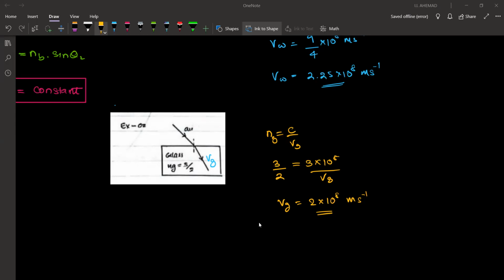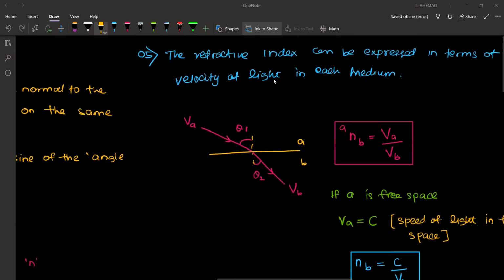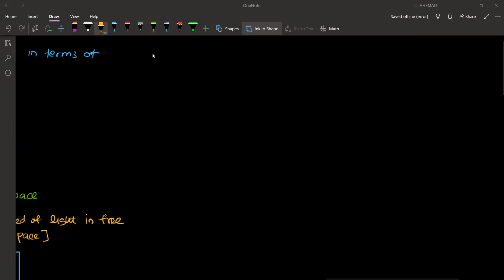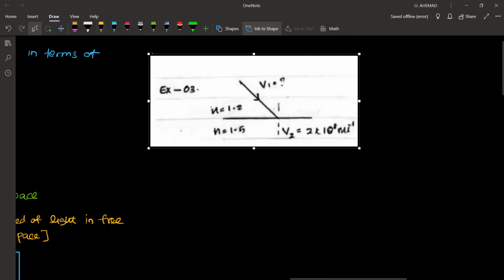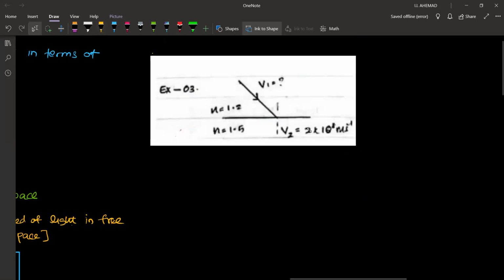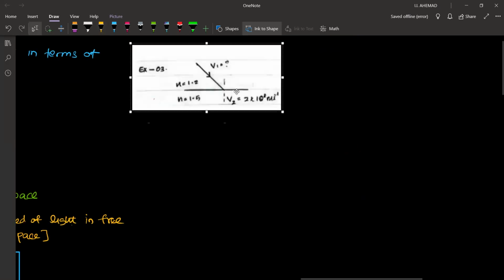Najima, okay. The next example, example 3. The refractive index of medium 1 is 1.2. The refractive index of the second medium is 1.5.